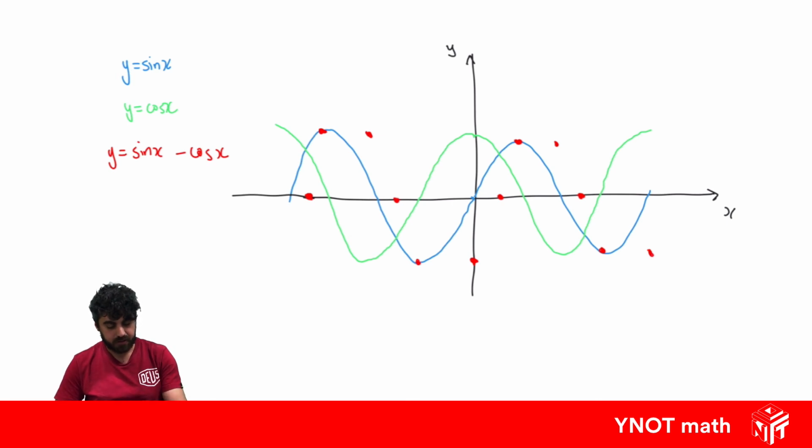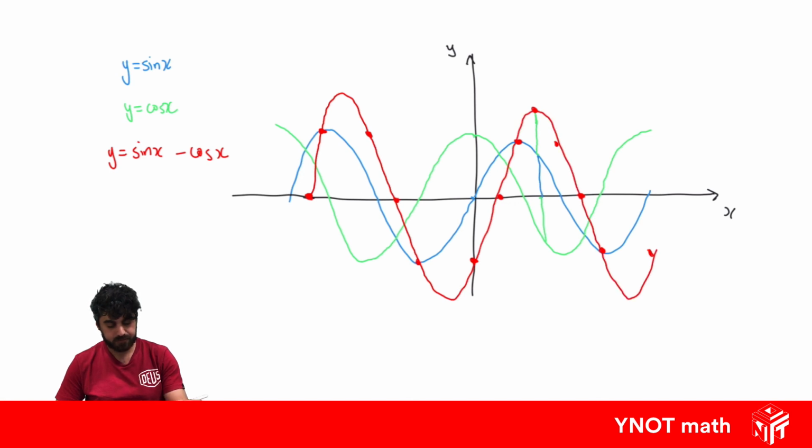It's actually going to be whatever this distance is, and this distance will be added on top. So now our function's going through there. And looking at this pattern, we're going to get something like this for the subtraction of the two graphs.